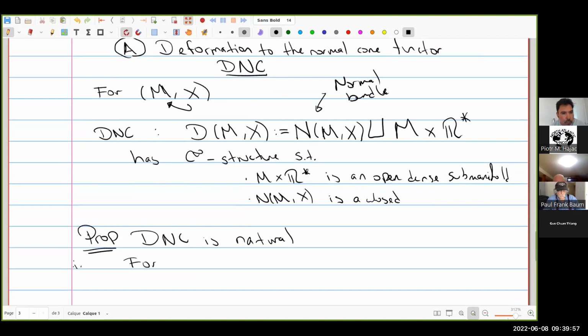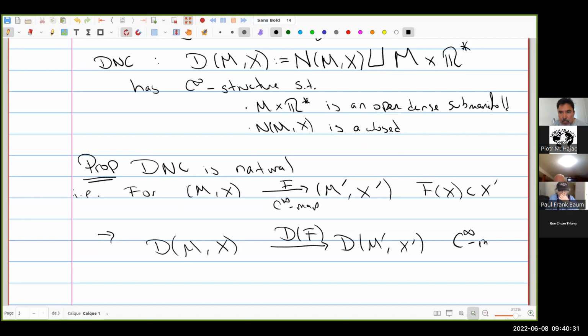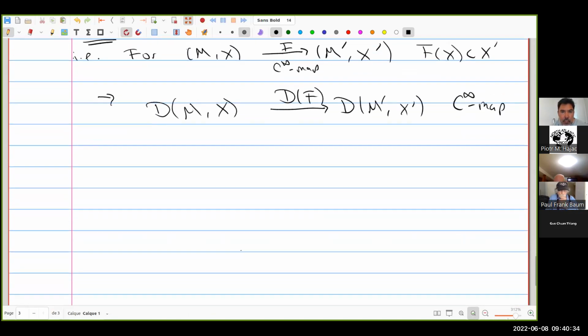If you have a map between couples of manifolds, meaning a C-infinity map f from M to M prime that sends X to X prime, then this induces a map that I can call DF, with good functoriality properties. It's also a C-infinity map, which is explicitly given by f.